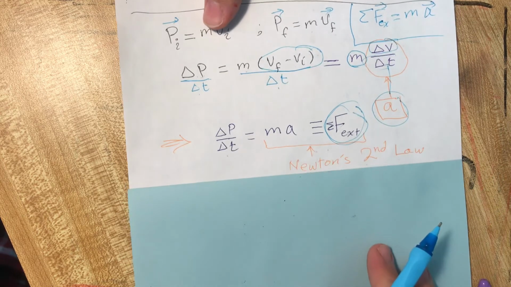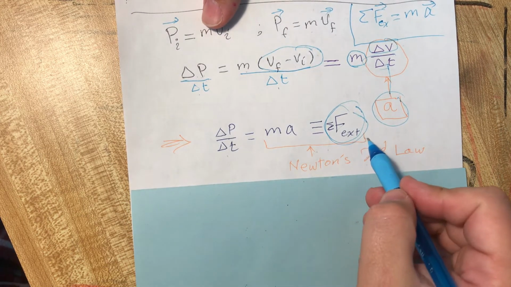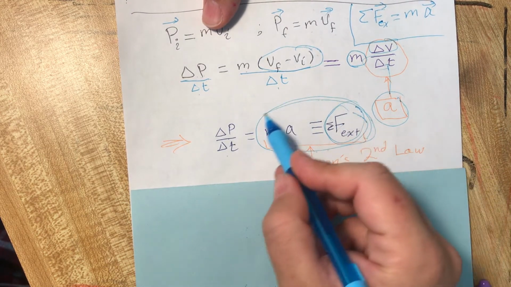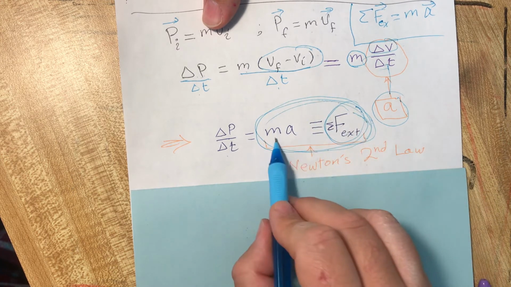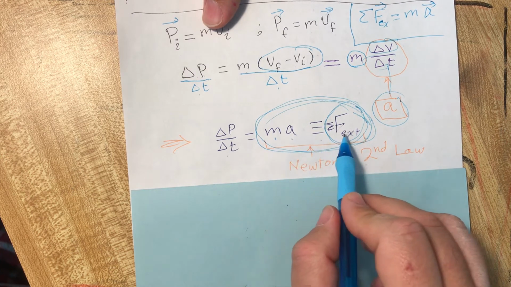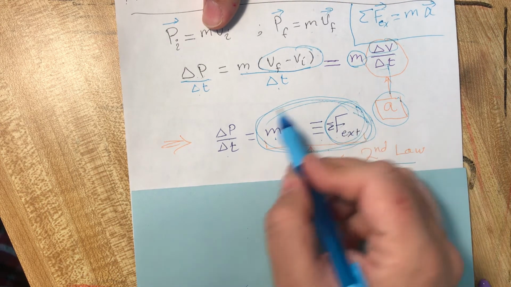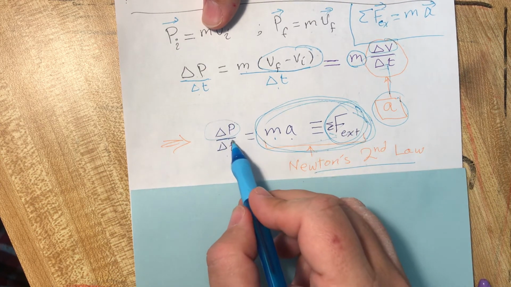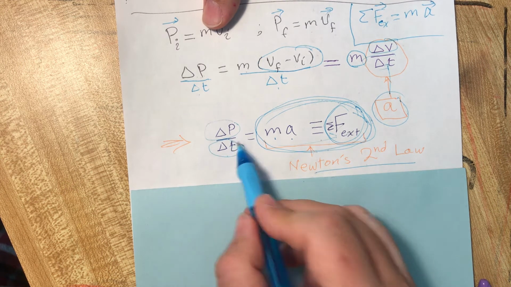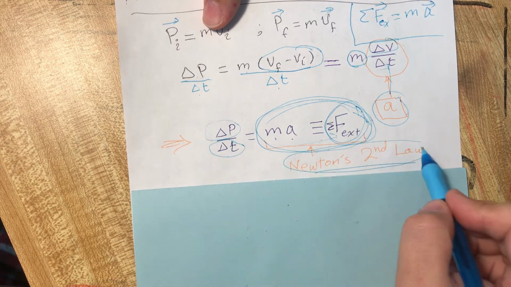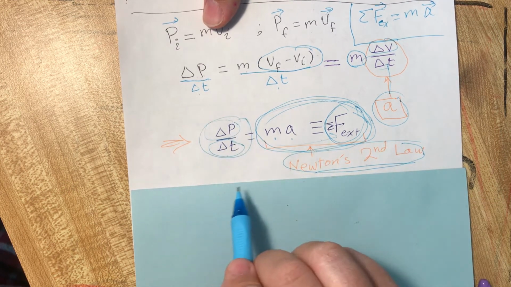So this is Newton's second law. This side of the formula, m multiplied by a, is equal to F. This is Newton's second law, and this is equal to the change in momentum over delta t. So there is a relation between the forces and the change in momentum on that body.